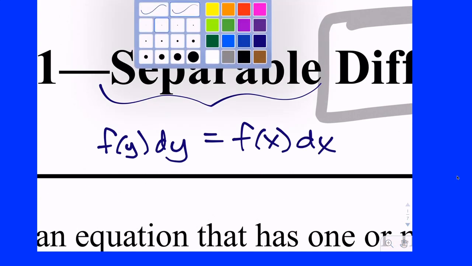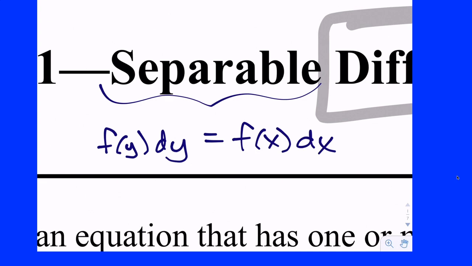Because if I could separate the variables, and I can get a function of y with respect to y on the left, and a function of x with respect to x on the right, then I can essentially integrate both sides.